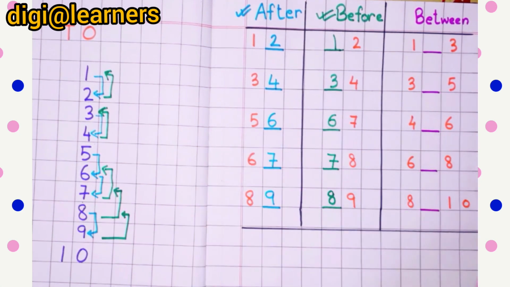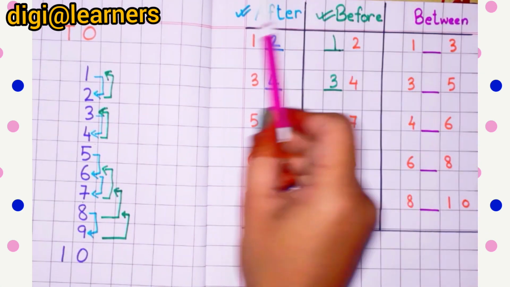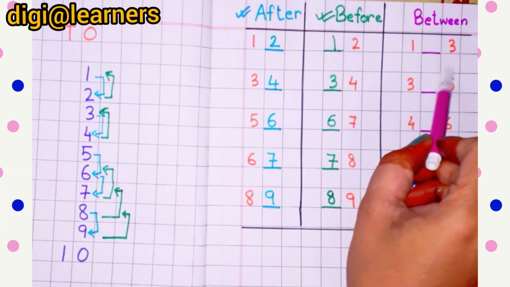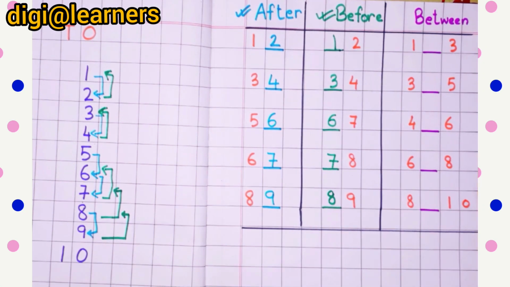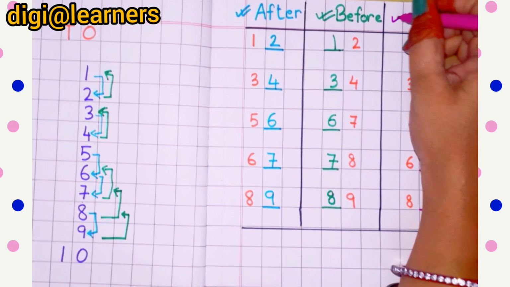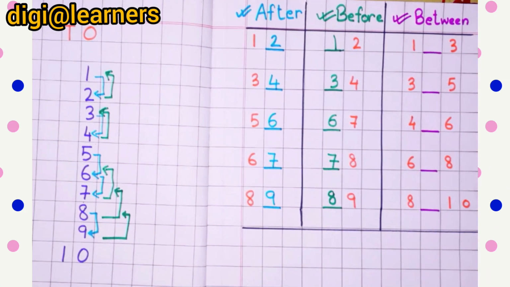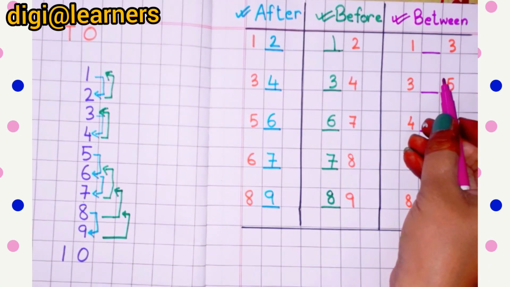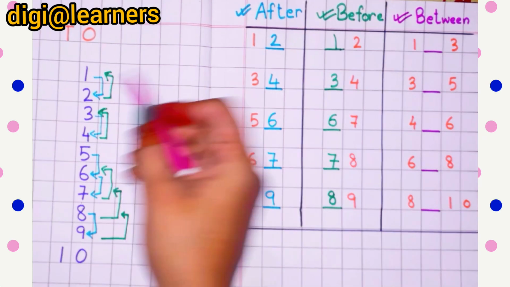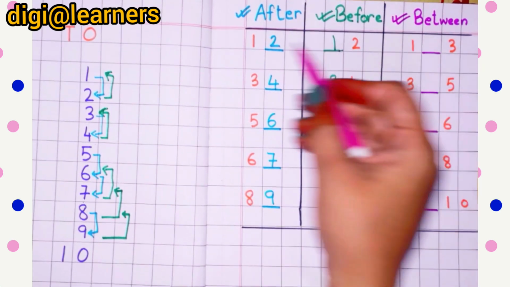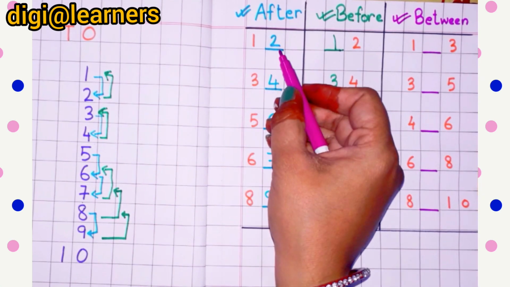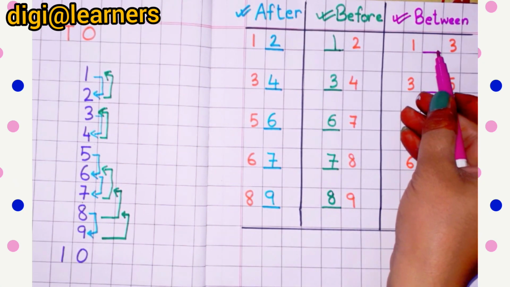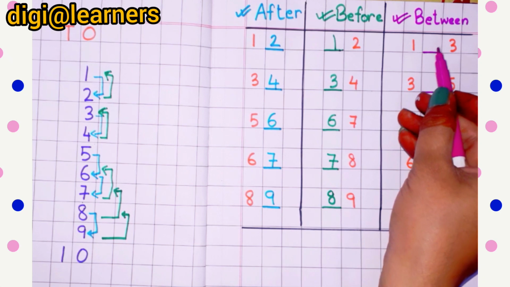Between is very easy because between and after are very similar to each other. Now coming to the concept of between numbers. If you know the after number you can write between easily. Whatever number you write after will come under between.